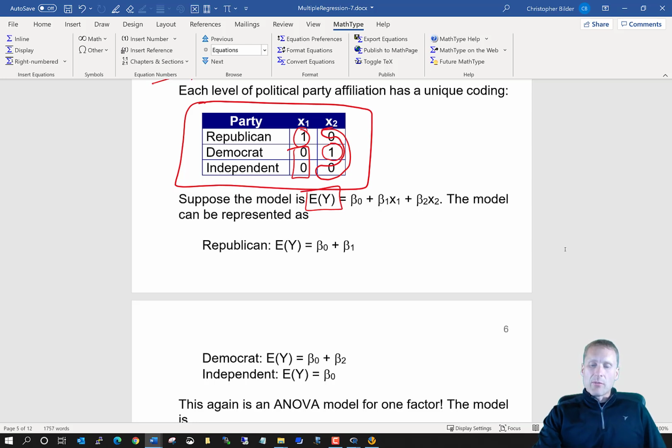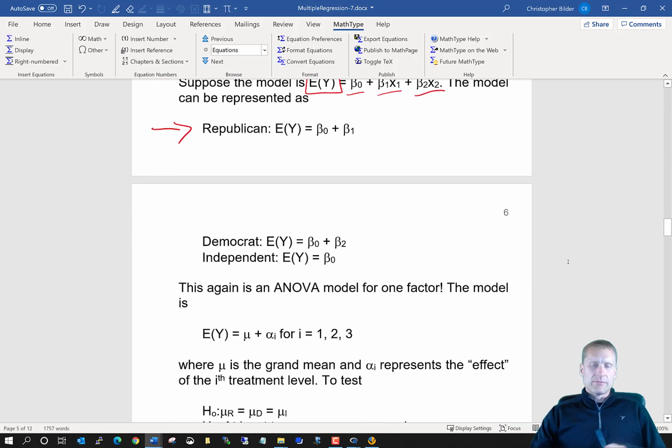So we would have our model beta 0 plus beta 1 times x1 plus beta 2 times x2. When we fill in what x1 and x2 are for Republican, Democrat, or Independent, look what happens. For Republicans, we have beta 0 plus beta 1. For Democrats, we have beta 0 plus beta 2. And for Independents, we just have beta 0.